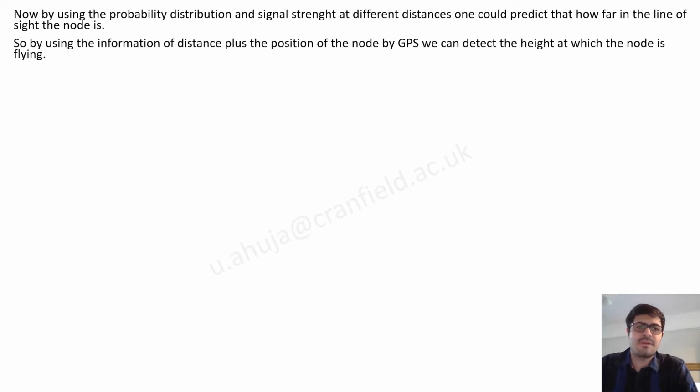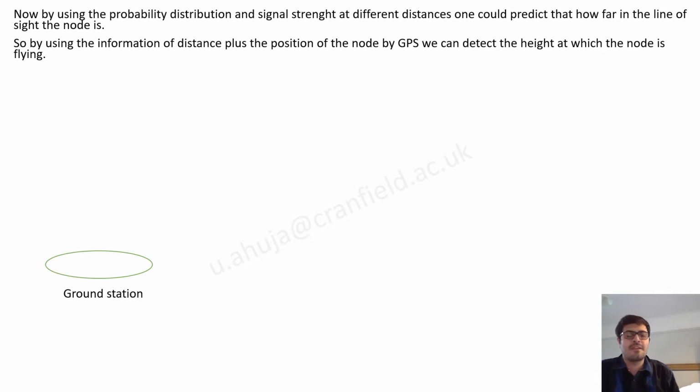Now, by using the probability distribution and the signal strength at different distances, one could predict how far in the line of sight the node is. By using the distance information plus the position of the node from GPS, we can detect the height at which the node is flying. Suppose there is a ground station. Here we are using the communication as a Wi-Fi positioning system, as a second advantage of the communication system.